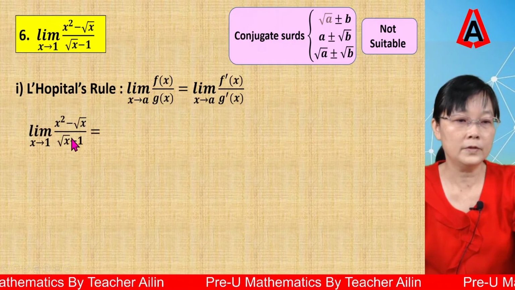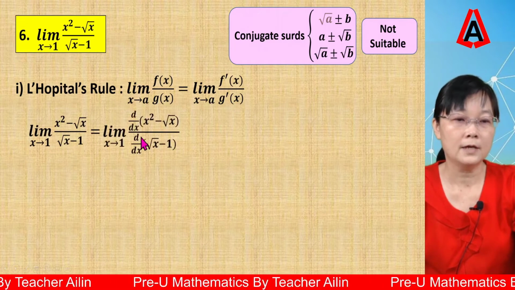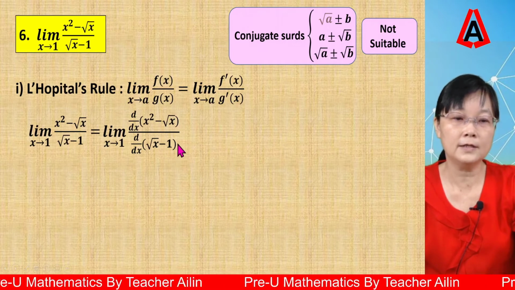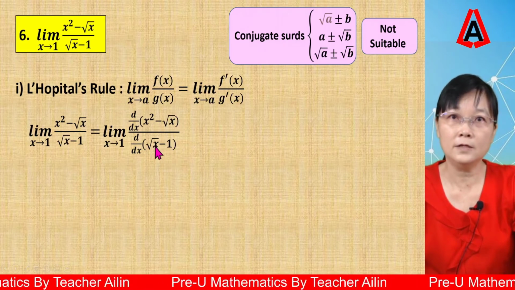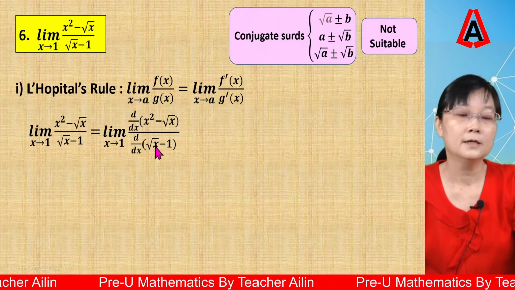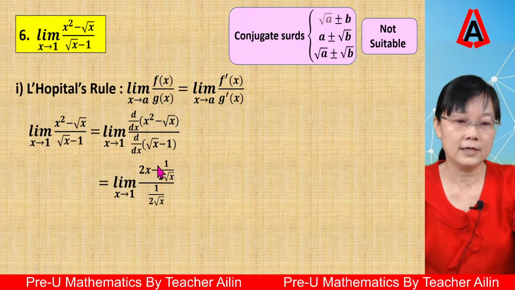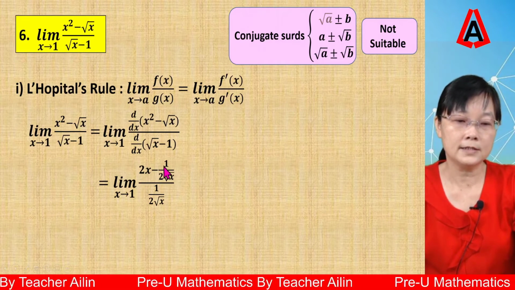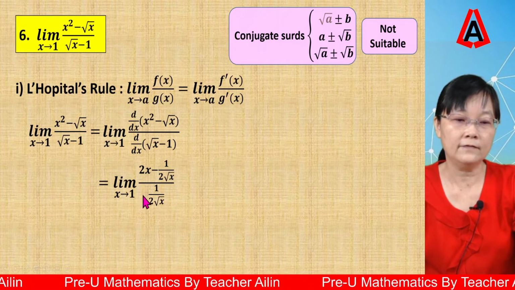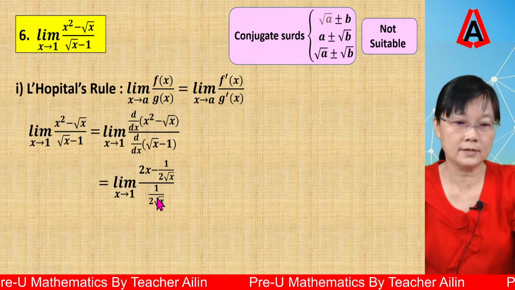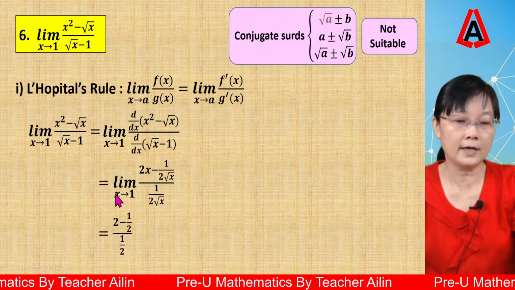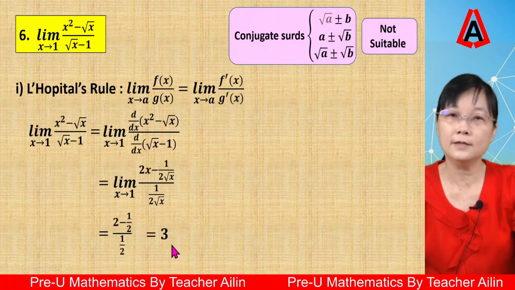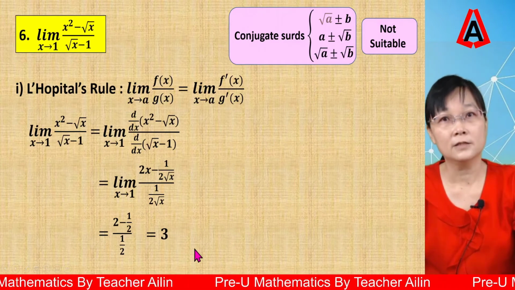So to use L'Hopital's rule, now I'm going to find the derivative of the numerator and the derivative of the denominator separately. After differentiating, the derivative of the numerator is this one, and the derivative of the denominator is this one. So now I substitute the x with 1 for the second time. When I simplify, I get the answer is 3.